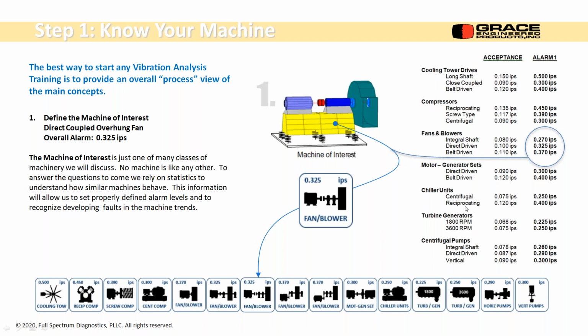So you could have a 150 horsepower motor driving a fan and another one driving a chiller. They're drastically different alarm levels, but the motor has no identity anymore. So if this one's a chiller, you'd set your alarms at 0.25 and the motor driving it 0.25. Statistically, it works out better that way. And then you're going to reset them with your own data as you go.